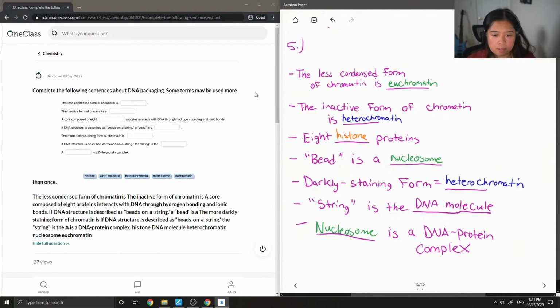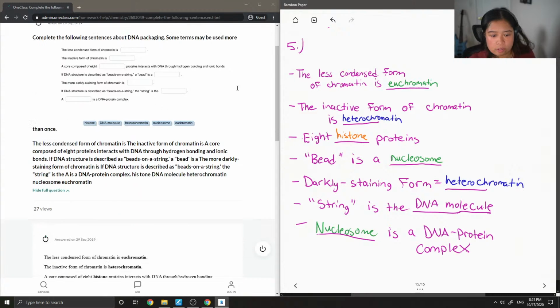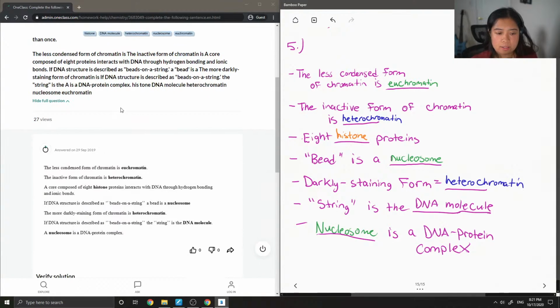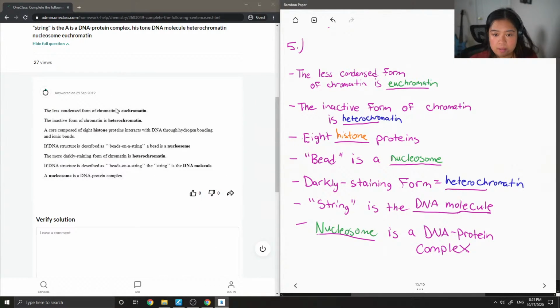So let's look at the answer that our junior tutor said. The less condensed form of chromatin is euchromatin. The inactive form of chromatin is heterochromatin, core composed of 8 histone proteins. The bead is the nucleosome. The darkly staining form of chromatin is heterochromatin.